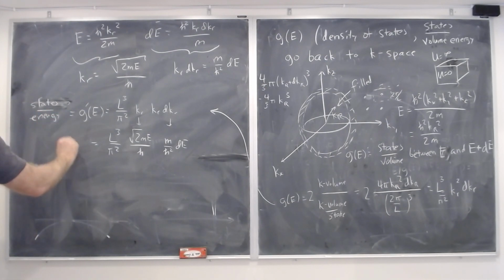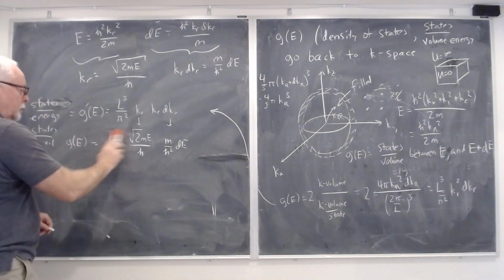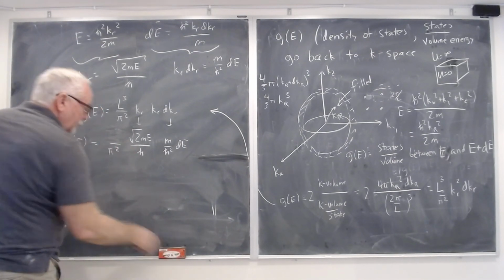Whereas G of E, the states per energy per volume, you just take out the L cubed, because that's the volume.